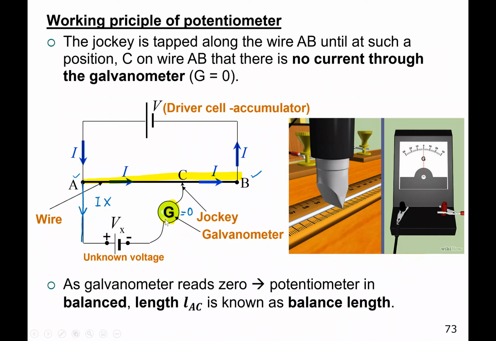So when there is no current flowing through the secondary circuit, it means the potentiometer is at a balanced length.